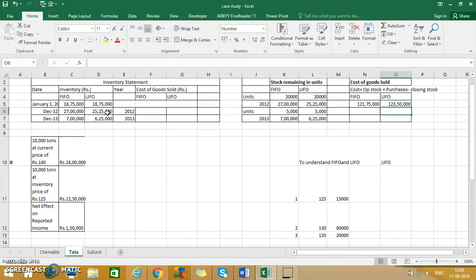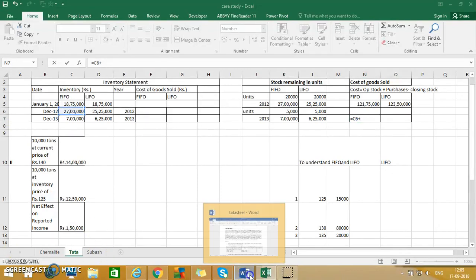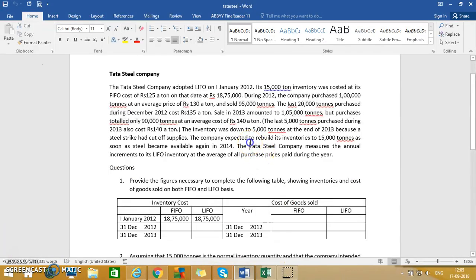So, can we apply the same thing for 2013 as well? Because this is 5,000 units of stock that is remaining. So, here let us say what's the opening stock? The opening stock for 2013 will be 27 lakhs. The closing stock of 2012 becomes the opening stock of 2013, plus what's the price that you have purchased, an average price.